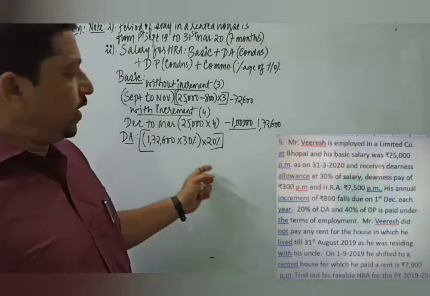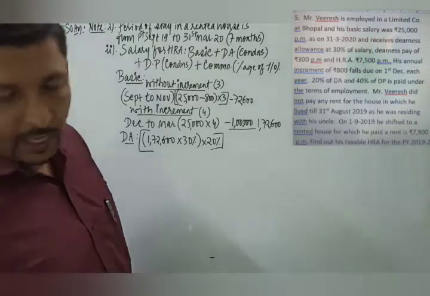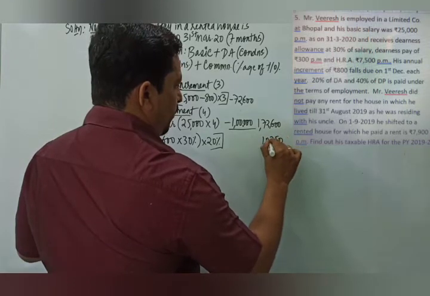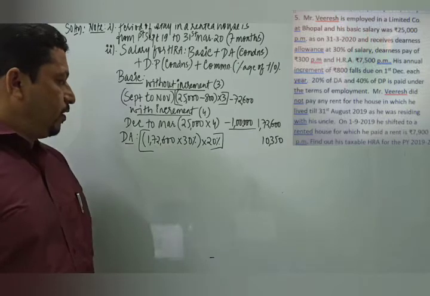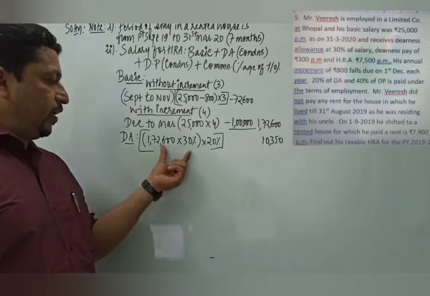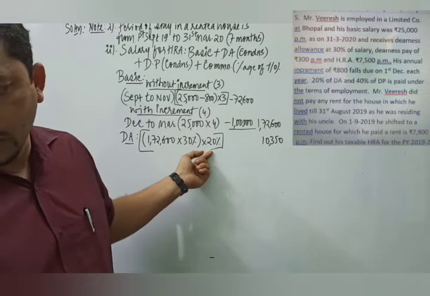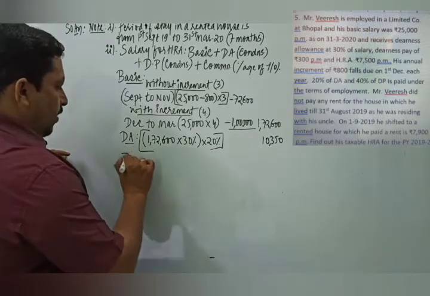So 30% is the DA amount and 20% is included for retirement benefit. The number works out to 10,356. You can calculate that: 30% of 1,72,600 is DA and 20% is included for retirement benefits.